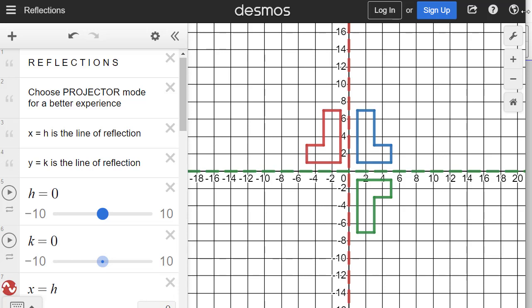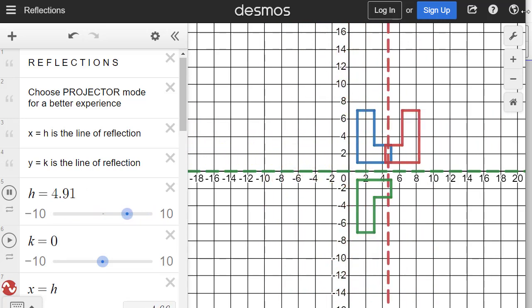So we have a vertical line, and as that vertical line of reflection approaches the pre-image, the mapping to the image requires less space. On the other hand, as the line of reflection becomes farther away from the pre-image, the mapping to the image requires more space. And we can play it a little bit so you can see more of what we're talking about.